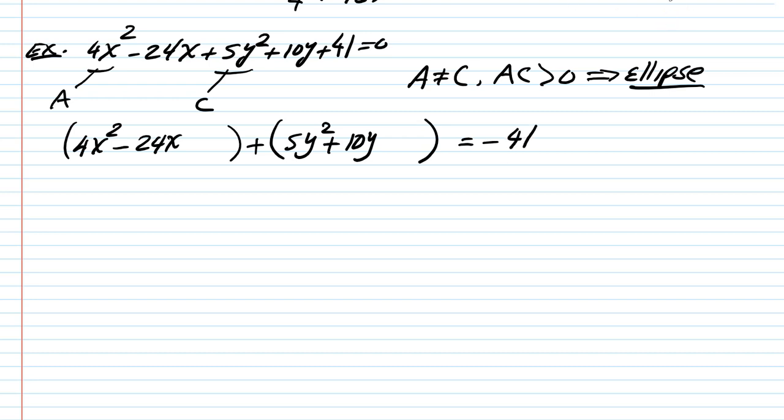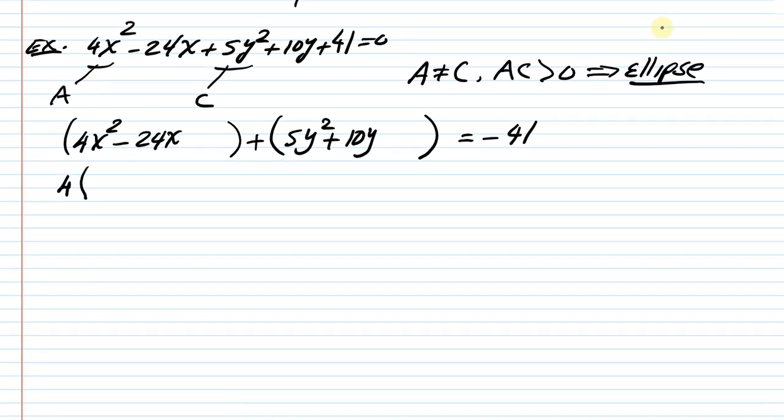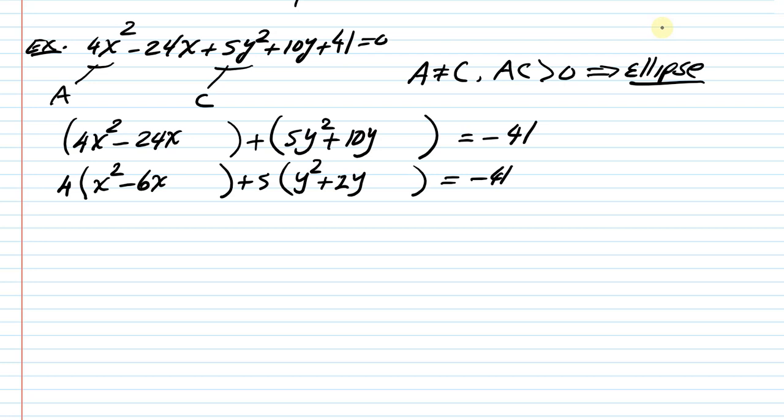All right, now let's factor the 4. I'm about to complete the square, so I need the coefficient on x squared to be 1: minus 6x. And from the y I'm going to factor the 5. That's going to make it y squared plus 2y, and of course negative 41 on the other side. Now let's complete the square. Half of negative 6 is negative 3, squared is 9.